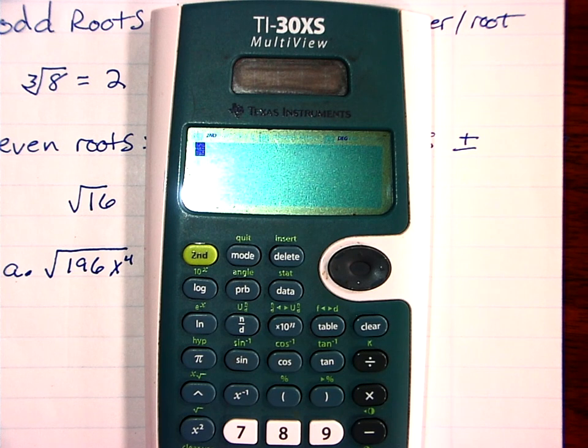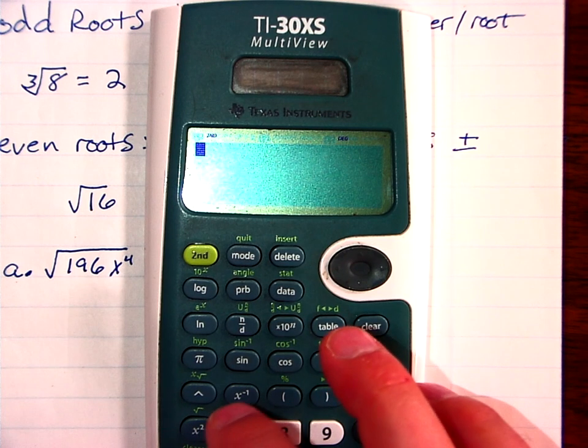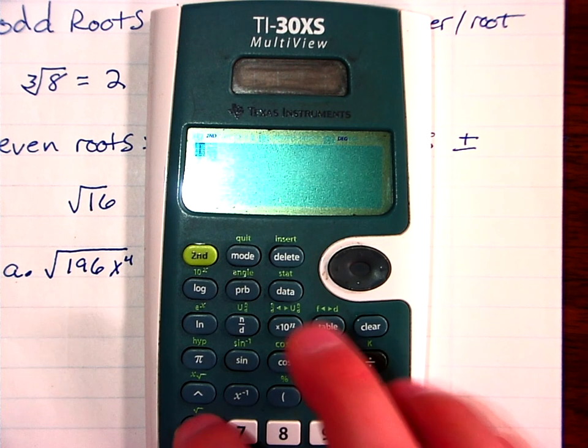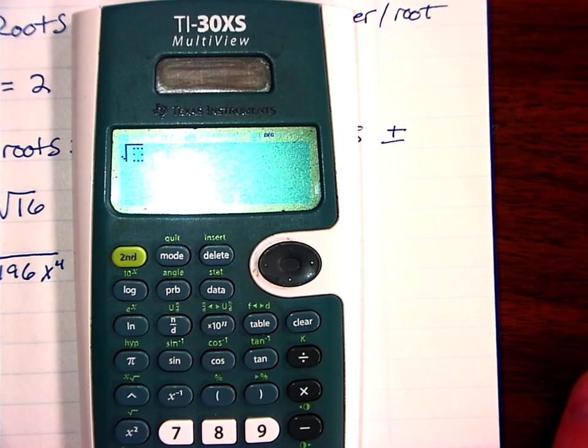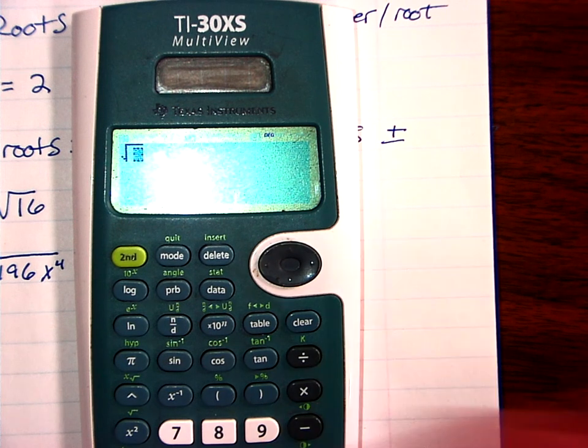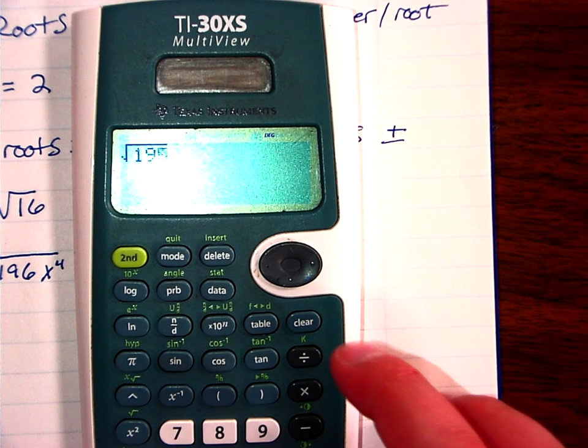And remember at the beginning of the lesson, I said the inverse of squaring is square root. So right under the square key, which is next to 7, is the square root. Please hit second and x squared to get to square root. You should have a flashing square root sign. And now 196.